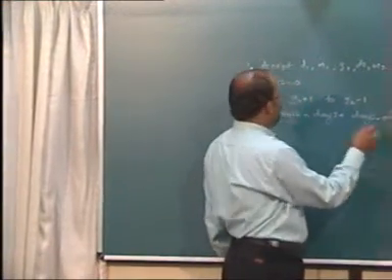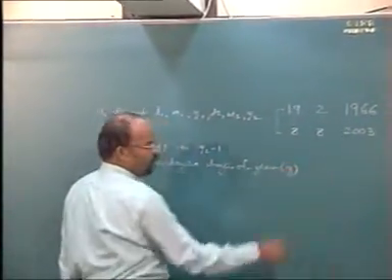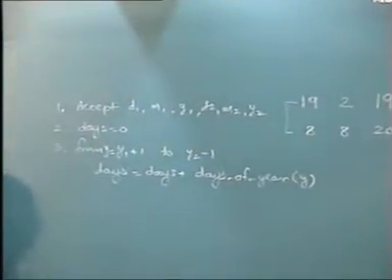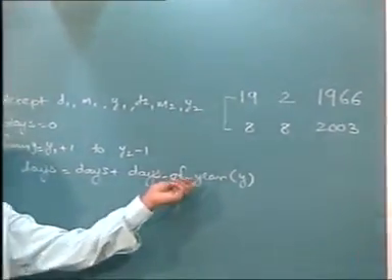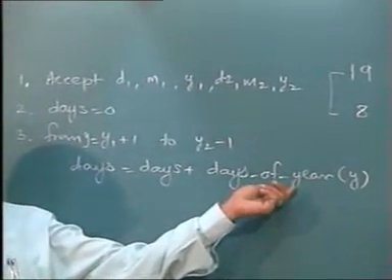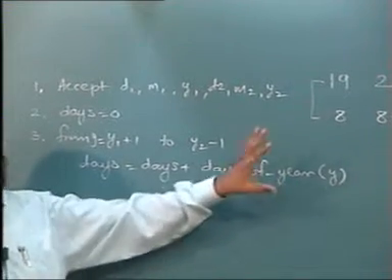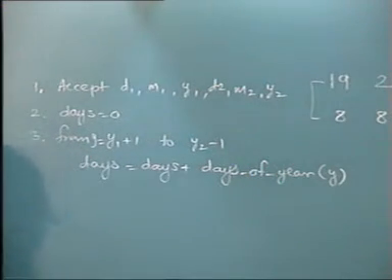What should I call this? For y, days equal to days plus days of year y. So this days of year will give me either 365 or 366, dependent on whether it is leap or not. So I first of all get rid of all the complete years in between. One job is done.